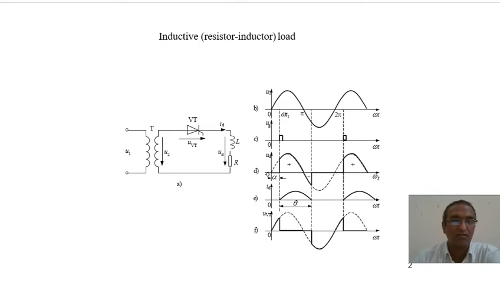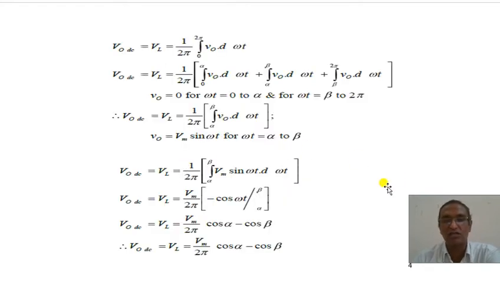Similarly, if I want to find the voltage across this circuit, we know the average voltage V0 is given by 1/2 pi, integrated from 0 to 2 pi, of V0 d omega t, where V0 is nothing but Vm sin omega t, the input voltage. The limits of the period are 0 to alpha, alpha to beta, and beta to 2 pi.